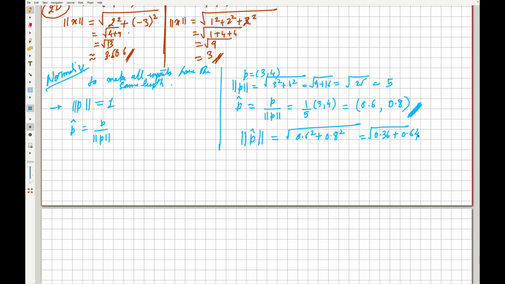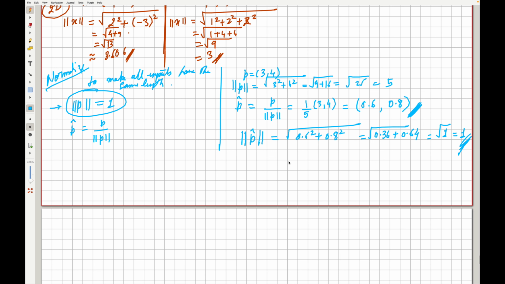If we add 0.36 plus 0.64, we get the square root of 1, which is equal to 1. So that does satisfy the condition that after we normalize, the length of that vector becomes 1.